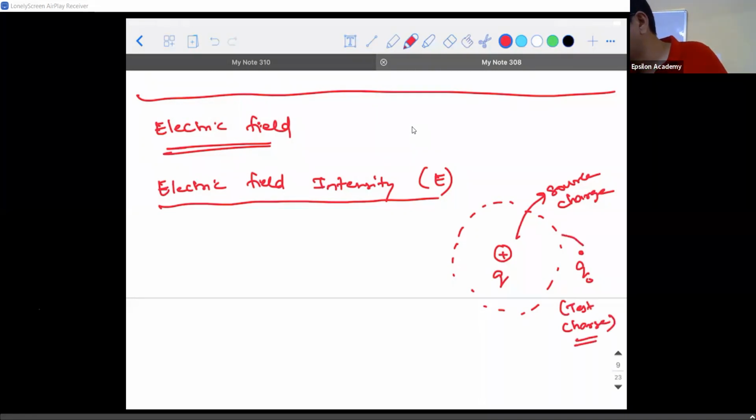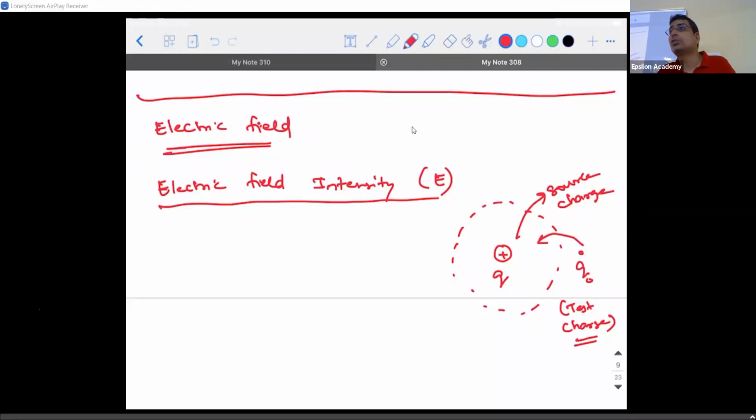Now when this test charge is brought into the electric field, what do you think will happen? It will experience a force, an attractive or a repulsive force depending on the nature of the source charge. Try to understand one thing: the source charge can be positive or negative, but the test charge by default is always positive.